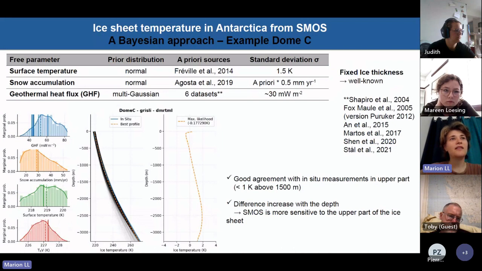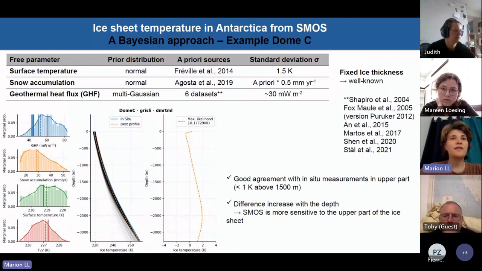The solid vertical lines are the a priori values that we put in as an input of the algorithm, and the dashed line is the maximum likelihood, the value that we obtain at the output of the algorithm. For example, for the geothermal flux distribution, we can see that from the SMOS point of view, we have a value around 50, which is higher than the values proposed by 4 other datasets.